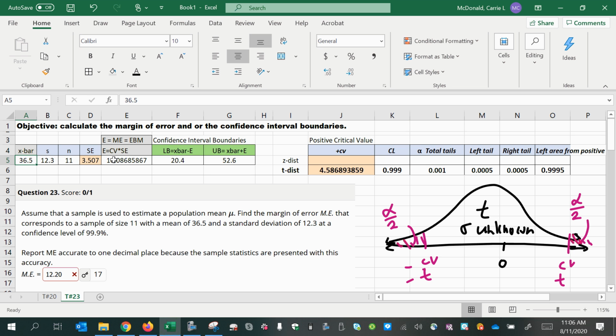I don't think so. 36.5, 12.3, sample size of 11. That makes my standard error equal to s divided by the square root of n. That should be the square root of n here. And now it looks right. So I've got 17 now.